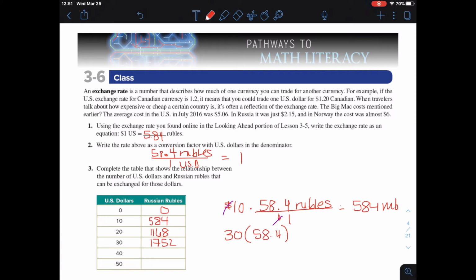Same thing for 40: you take 40 times 58.4, and you get 2,336 rubles. 50 times 58.4, you would get 2,920 rubles. Okay.